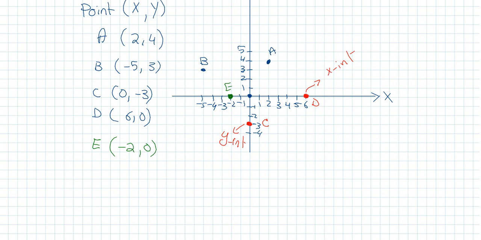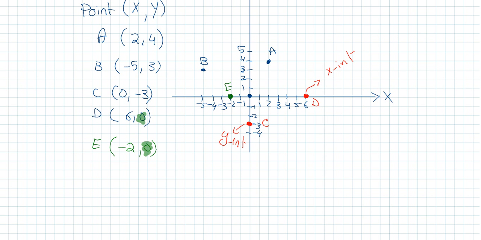What's common between these 2 points that are on the x-axis? The y value. So the y value is 0 for both of them. So for your point to be on the x-axis, your y value is going to be 0, because you're not going to move. You're going to stay on the x.